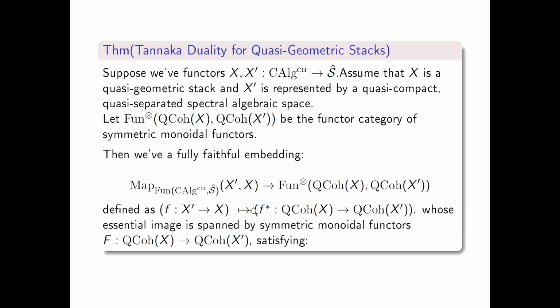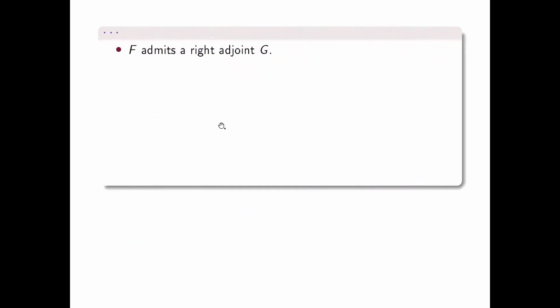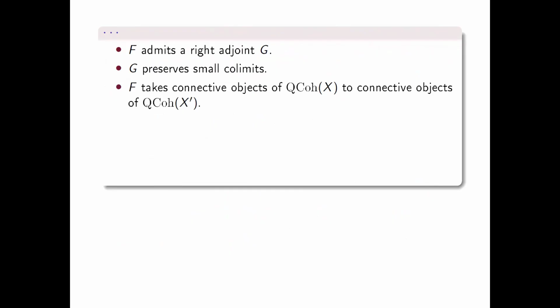The essential image is basically spanned by symmetric monoidal functors F from QCoh X to QCoh X dash that satisfy the following. Firstly, F admits a right adjoint G. Then this right adjoint preserves small colimits, and F takes connective objects of QCoh X to connective objects of QCoh X dash.